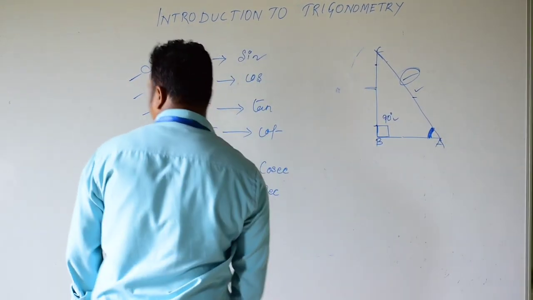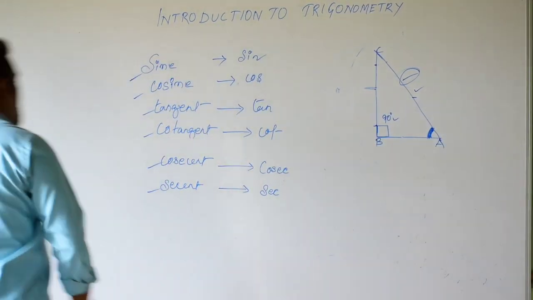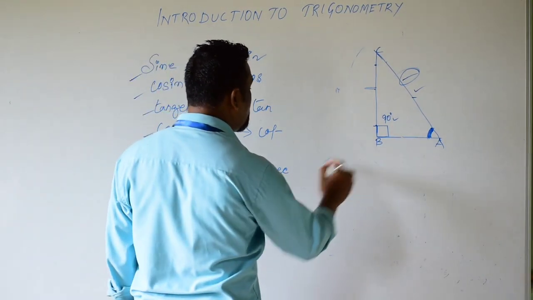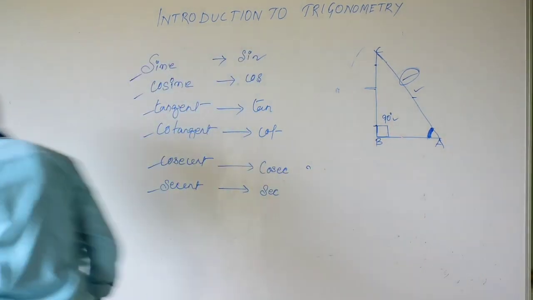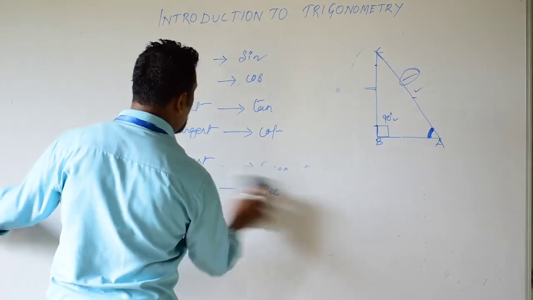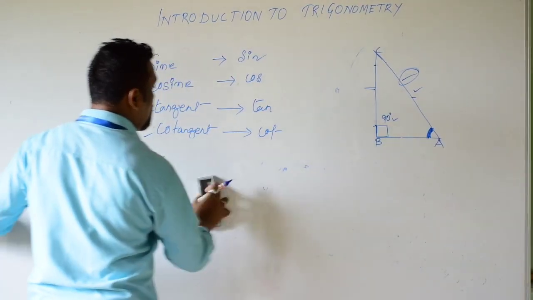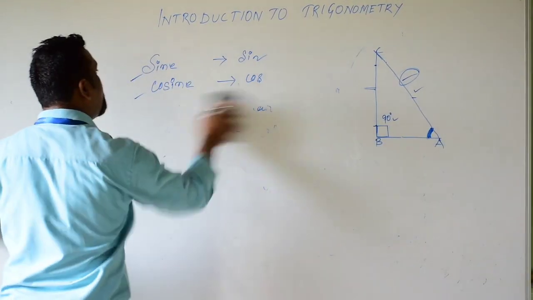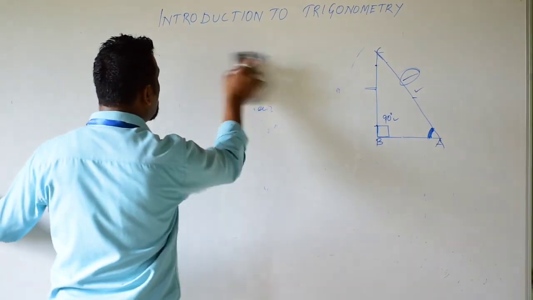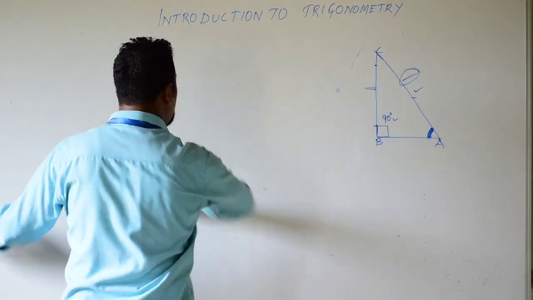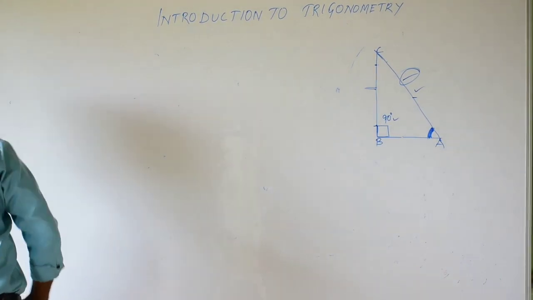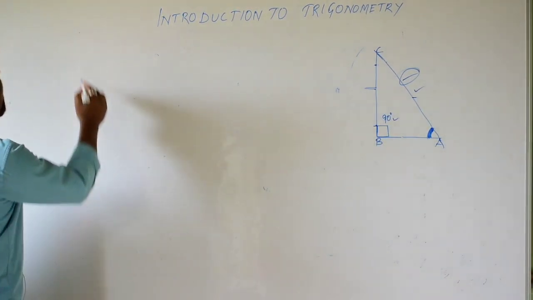How do we relate them? Let me rub out the whole entire part. So these 6 trigonometrical functions, how we relate them to the right triangle.